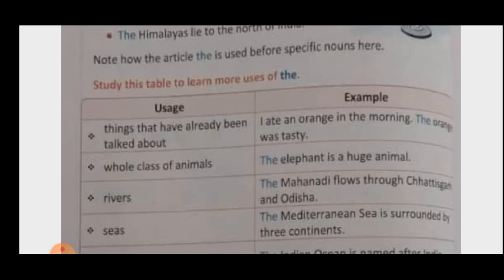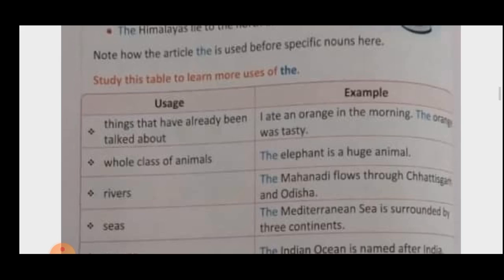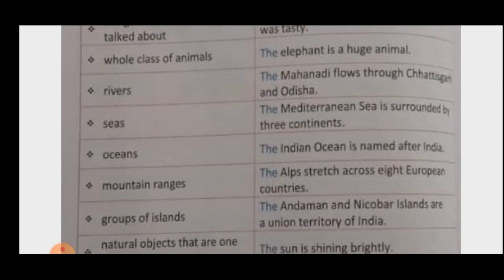So here a specific name of the sea is used, and that is why we will put the as article before the name. Next, ocean. Now before the name of ocean also we will use the. The Indian Ocean is named after India. So here also before the name of the ocean we have put the as article.